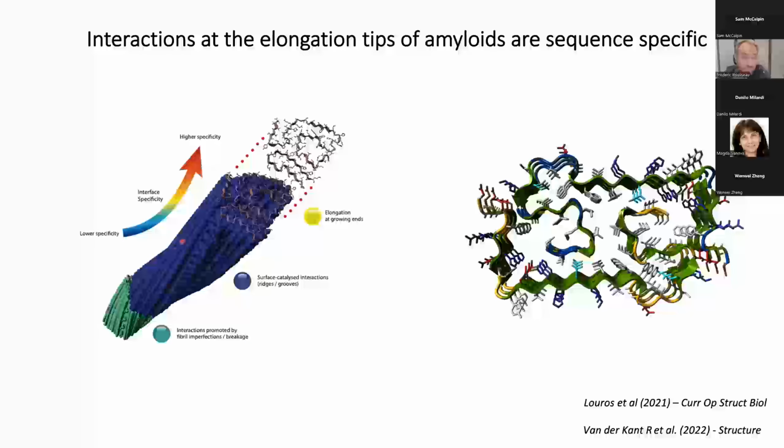But the specificity here is still rather low if you compare it to the elongation tips of an amyloid. There, the structure displayed to the environment is completely different. Here you see the whole sequence of the core displayed, all the residues. And these are the growing ends of the fibrils, so they really template the docking of another identical molecule on top of this one.